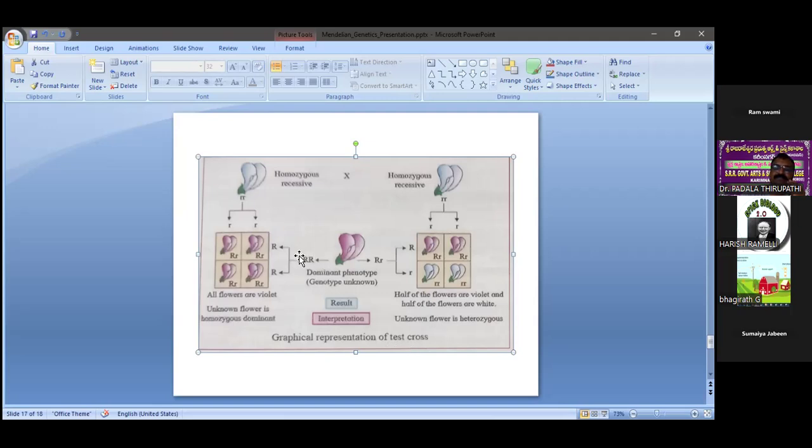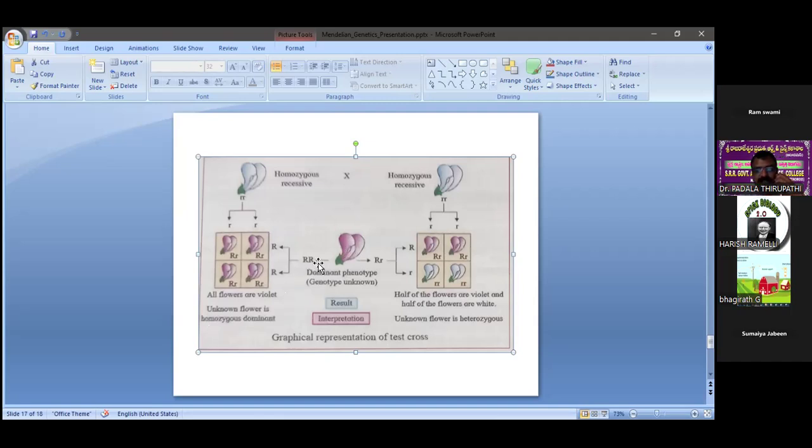If it is homozygous, it is nothing but capital R R. If it is heterozygous, it is called what? Capital R small r. Once it is crossed with homozygous recessive, what kind of result is achieved? Based on the result, I will explain whether the dominant character plant is in homozygous or heterozygous condition.